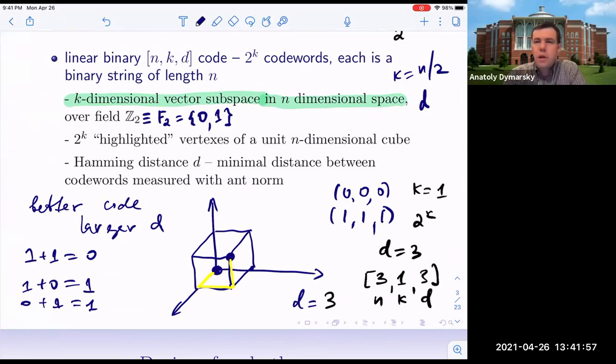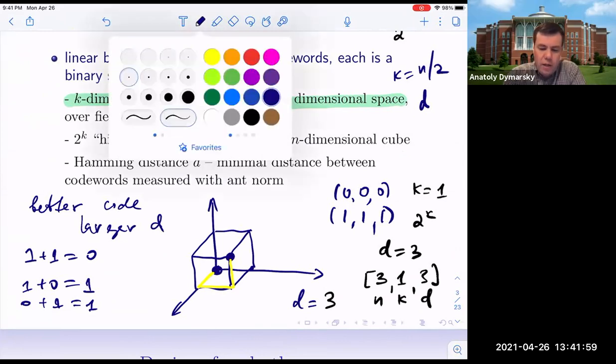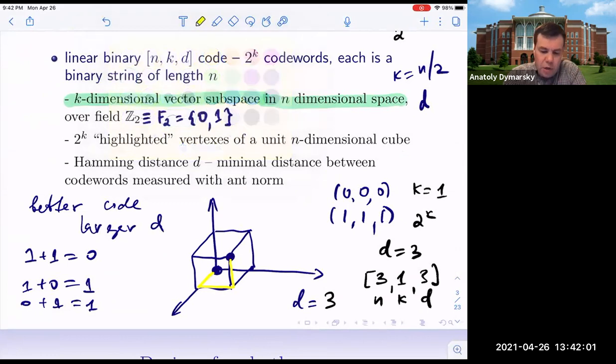I should spend 1 minute explaining why people care about d, because if you have an error or noise in your channel and you try to send through the channel this message, which is 111, it will get corrupted. So it means that one of these ones will become 0. And it means that this point will move somewhere, but it will move along the edges, only a little bit.